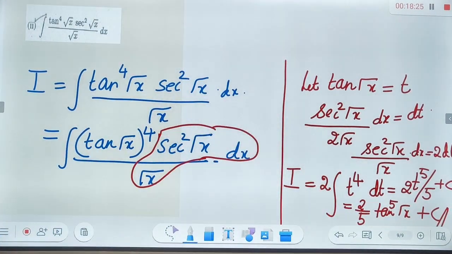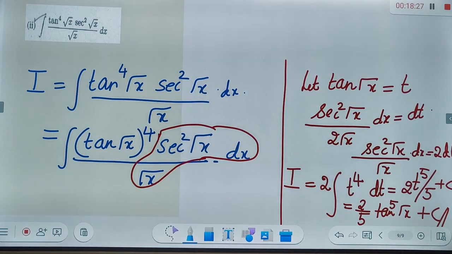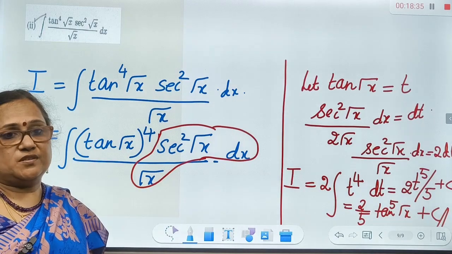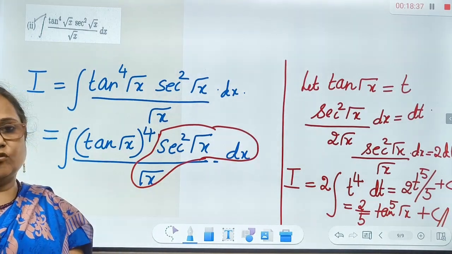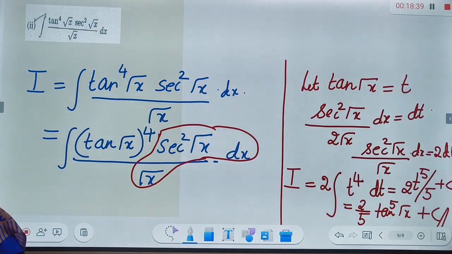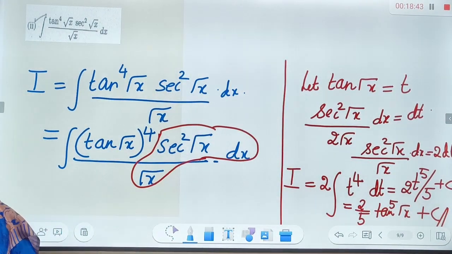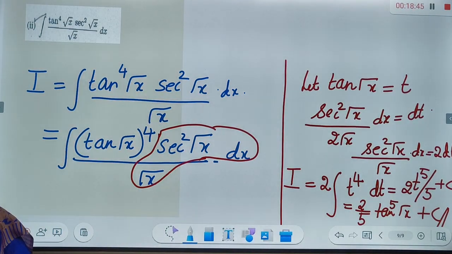So as I told you, making the right substitution helps you to evaluate the integral. You must first of all be familiar with the derivatives, only then can you integrate, because integration is nothing but the inverse form of differentiation. And then you should also know what technique you need to use.